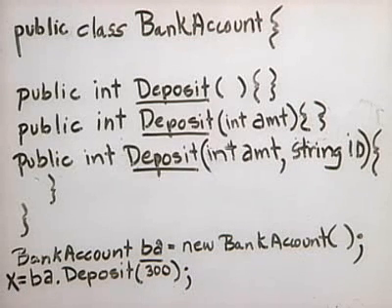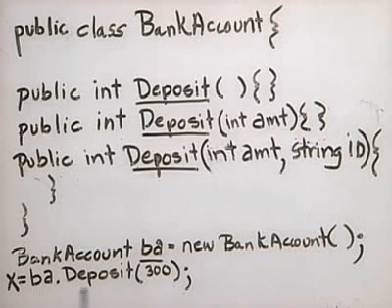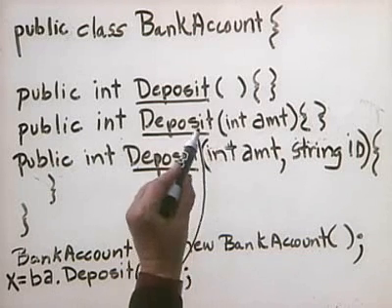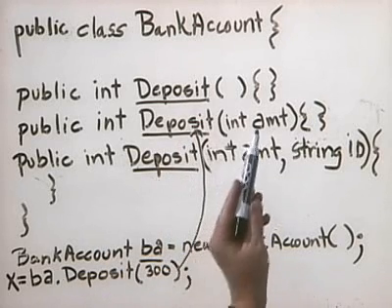I'll actually just set x equal to the call of that method, assuming that x is an integer variable, because as we know, all of these methods return an integer type. But if you take a look at the signature, you can tell which of the deposit methods I'm calling. I'm actually calling the second one, because the signatures match.